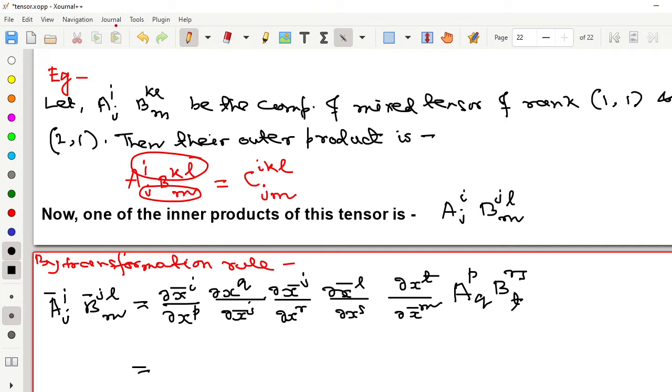Now you see that এখানে I ওয়ালা কম্পোনেন্ট গুলো খুঁজো, কাকে তুমি কন্ট্রাক্ট করে, যে কন্ট্রাক্টেড the J indices, this J and J you found over here, that will definitely yield del x bar i, del x p.